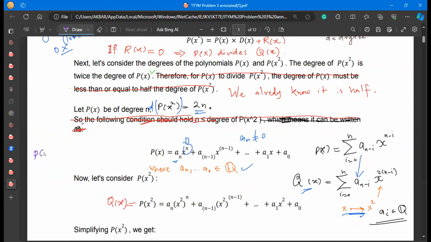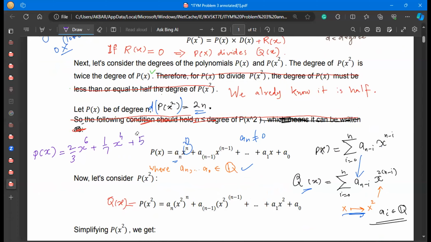So the p of x in the above example will be 2 on 3 x to the power 6, because x2 cube or x3 square, plus 1 7 x to the third, plus, sorry, x to the fourth power, plus 5.